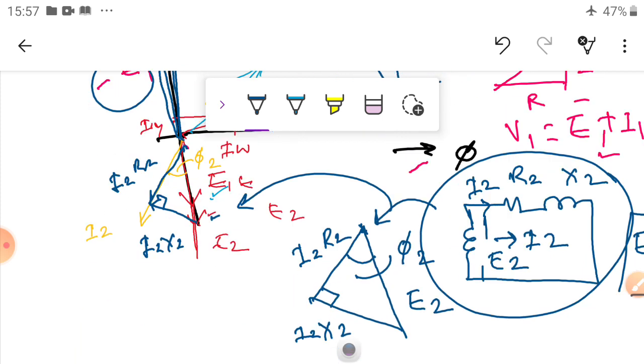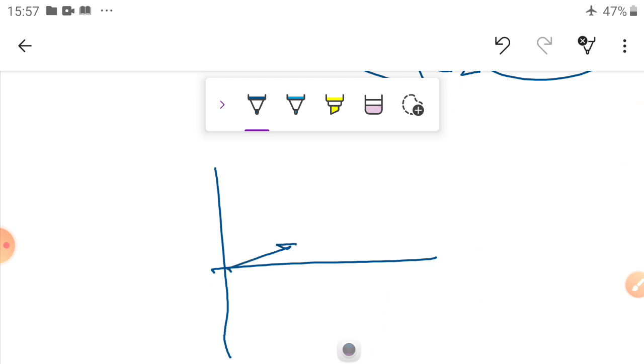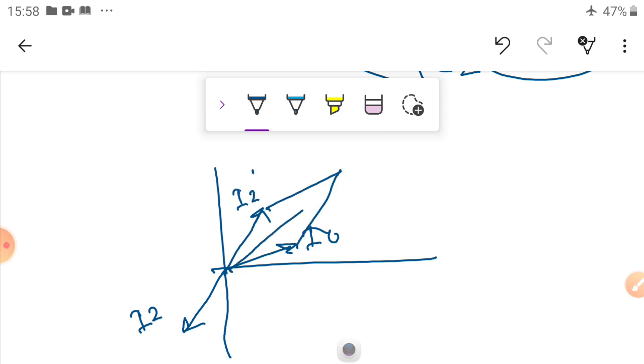Okay, so once again I am writing this concept. First you take the one diagram here, and this is the I0 current, and this is the I2 current, reversed, this is I2 dash. A resultant of this current and this current is the I1 current, the primary current.